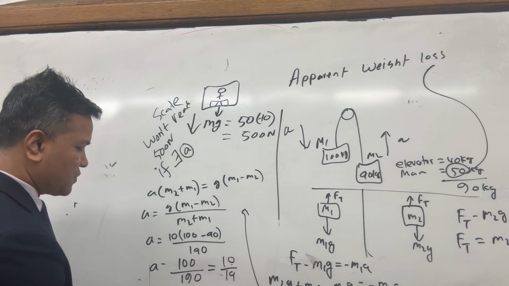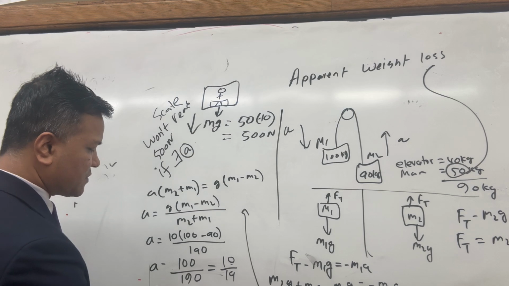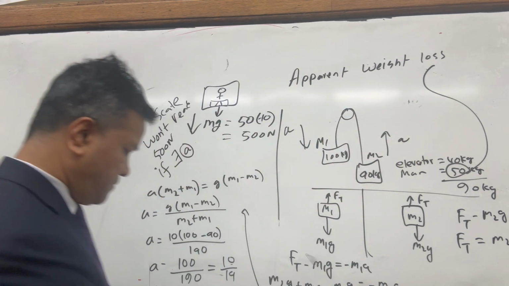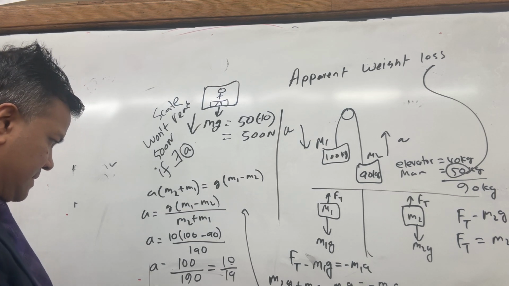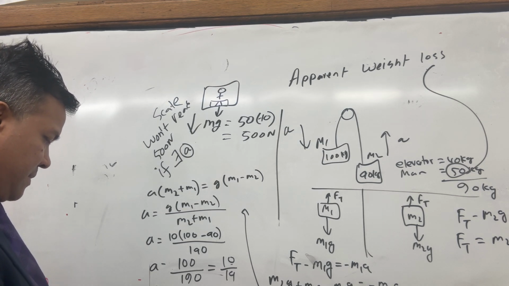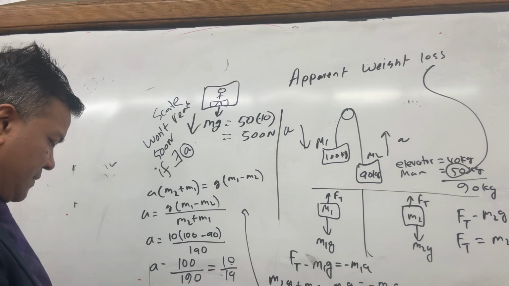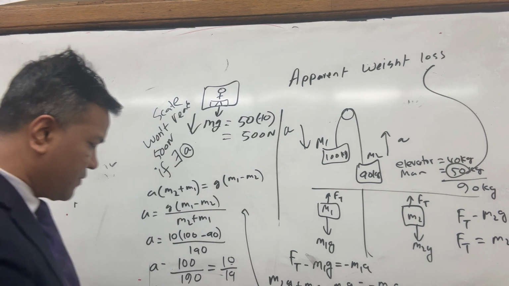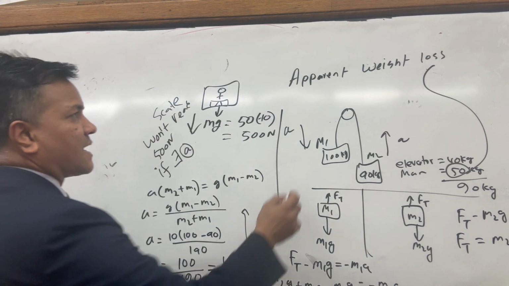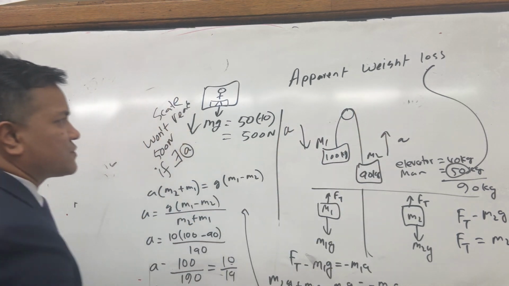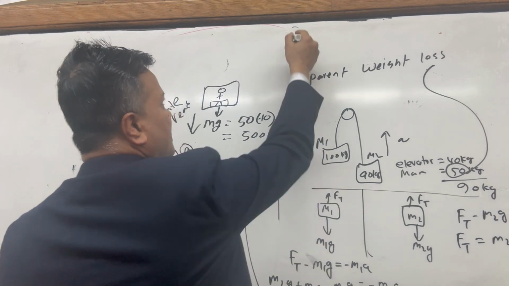Is that 0.52? 10 divided by 19, 0.53. Okay, 0.53.